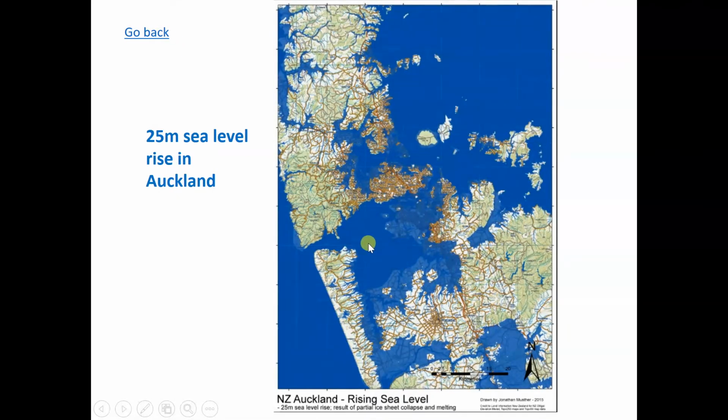And many years from now, if you have a 25 meter rise, more places will be flooded. So you can see the impact of the sea level rise. Actually, this has happened before, during the period of glaciation.